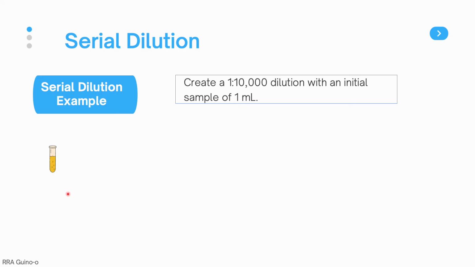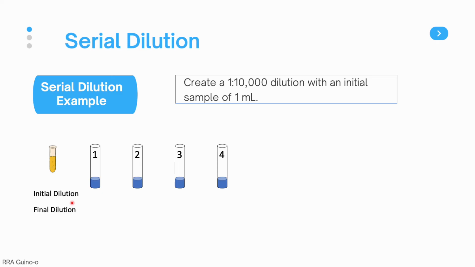First, we take our undiluted sample and we will plan to create 4 tubes or 4 steps for our serial dilution. Since it's a serial dilution, all the tubes have an initial dilution of 1:10. Let's see the final dilution for each tube. Here, our tube number 1 will have a final dilution of 1:10.